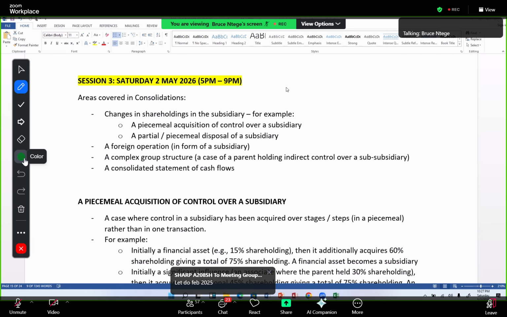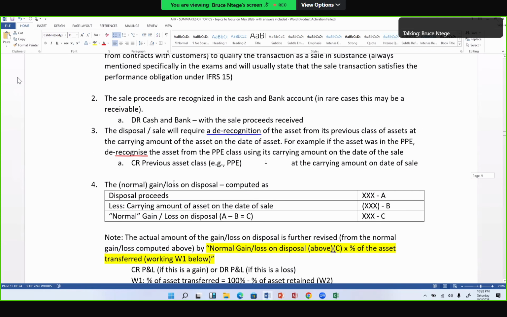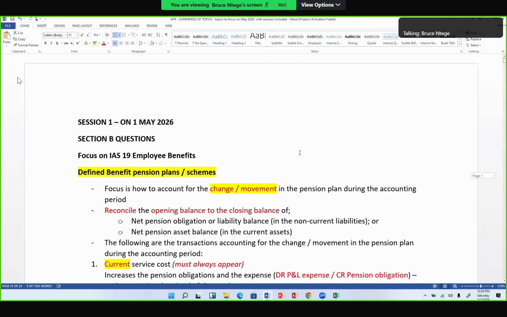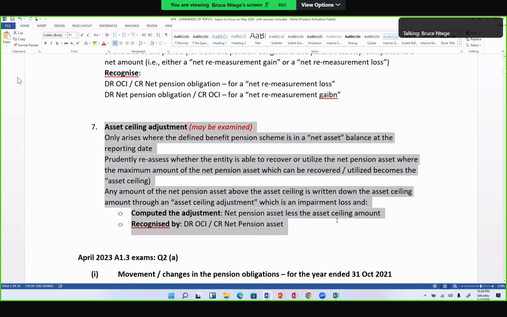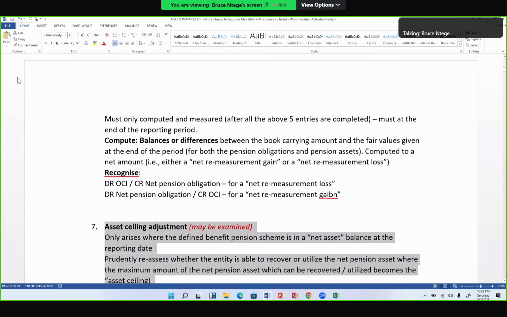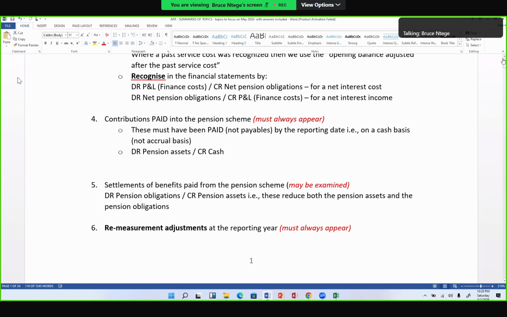Yesterday we said that in most cases you're having a net pension liability, but sometimes you'll get a pension asset. If it's a net pension obligation, then don't go for number 7. That one, you don't need it. The others are normal. Your pension assets and pension obligations, you need that table.